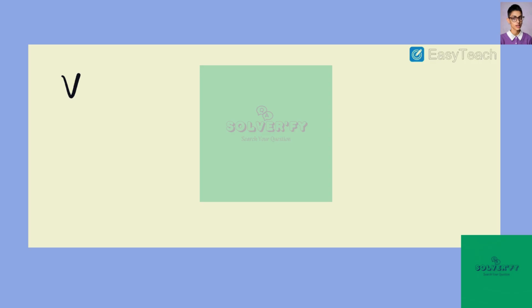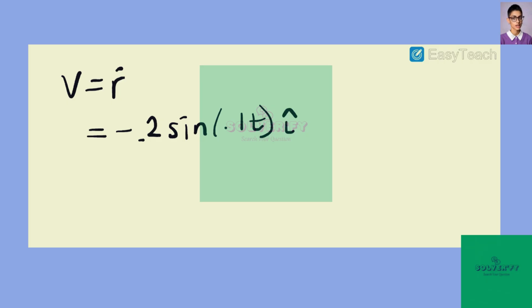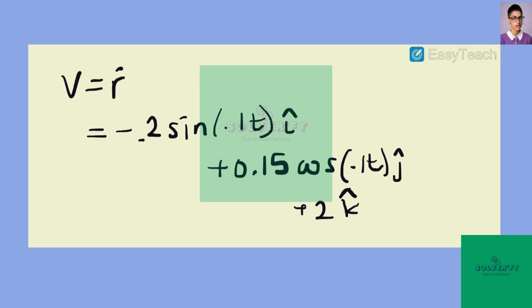So our velocity will just be r dot, and this will be equal to negative 0.2 sine 0.1t i hat plus 0.15 cosine 0.1t j hat plus 2 k hat.